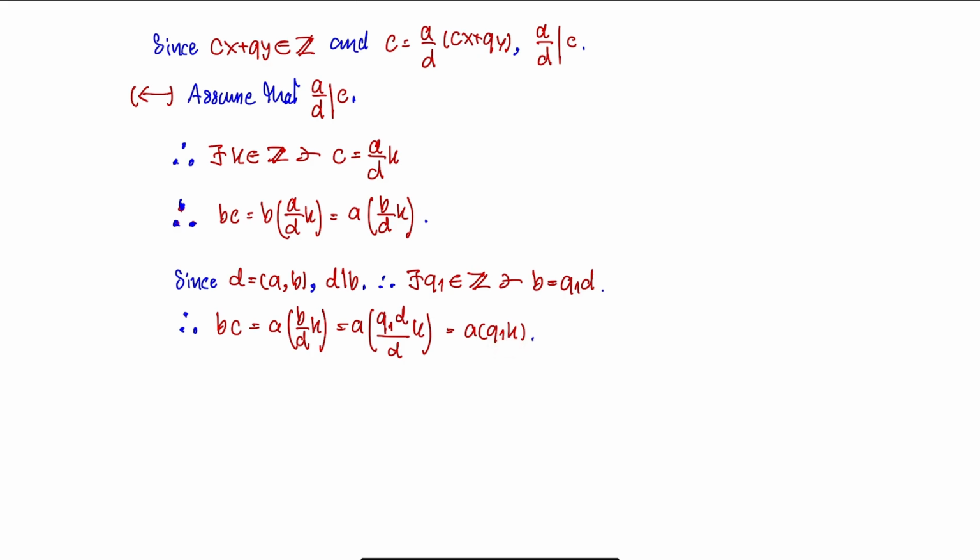Since q1 k is an integer and we have bc equal to a q1 k, that means that a divides bc.